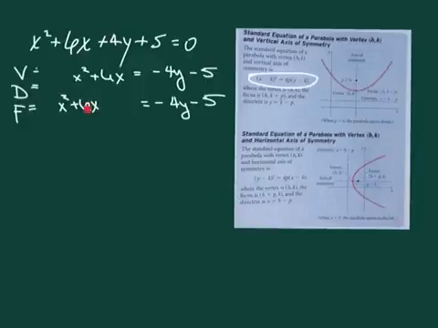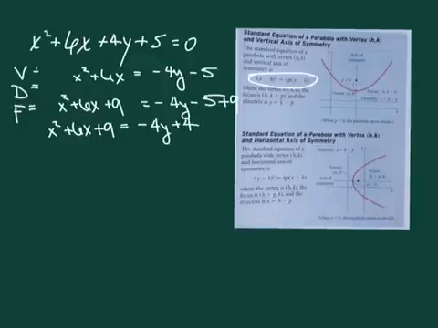We're going to take half of this term and square it, and we're going to add that over here as well. You can't do one thing on one side without doing it to the other. So now we have x squared plus 6x plus 9 equals negative 4y plus 4.